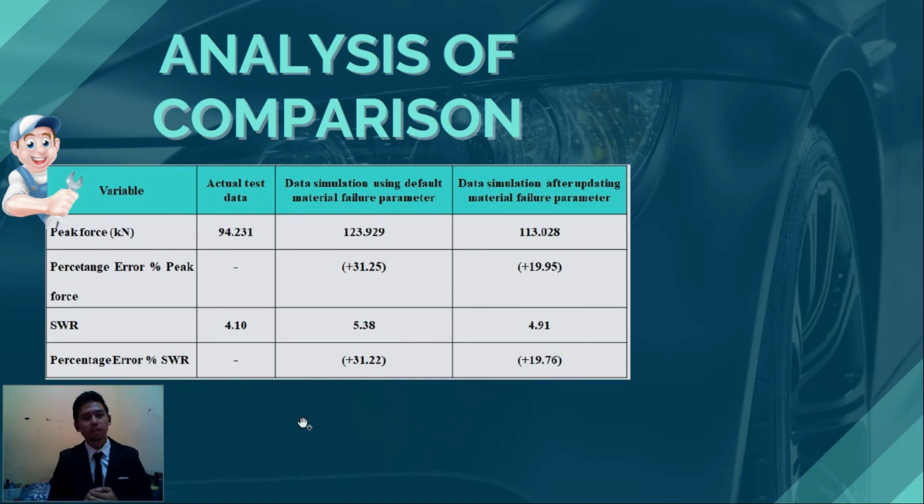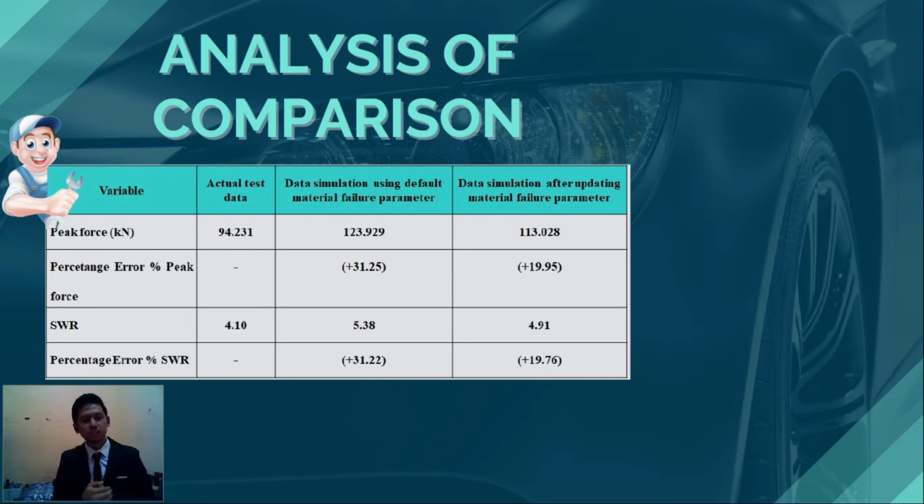Okay, actually this is the summary of my comparison analysis. You can see that the actual test is 94.231 kilonewton, and for the data when I don't change any material, it gets 123.929 kilonewton, and after I change the material, it gets 113.028 kilonewton, which means after I change the material failure model, it gets the closest to the actual test.